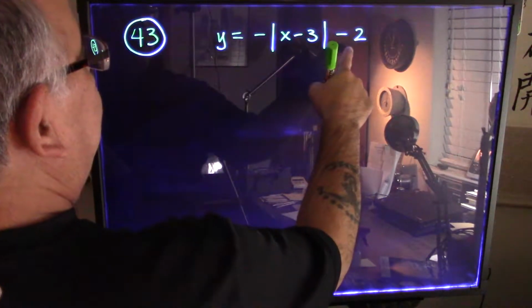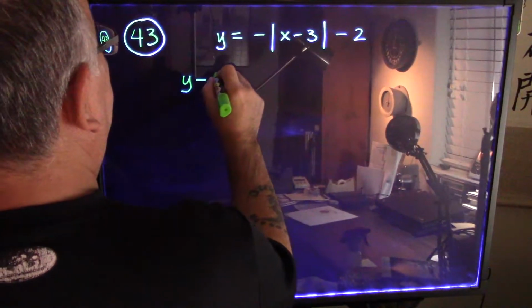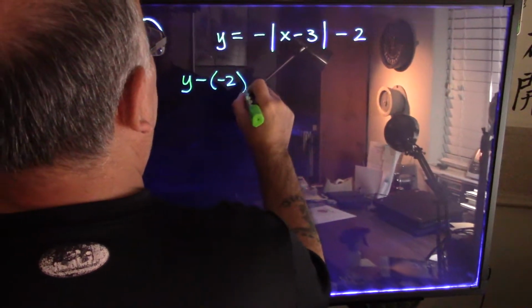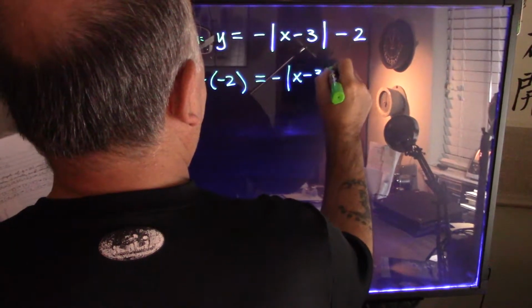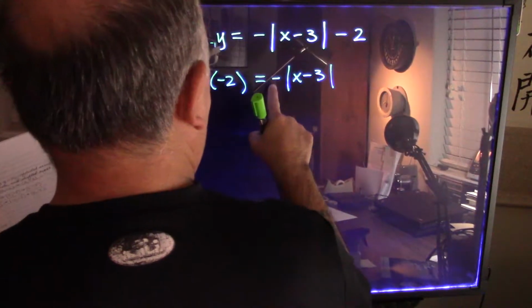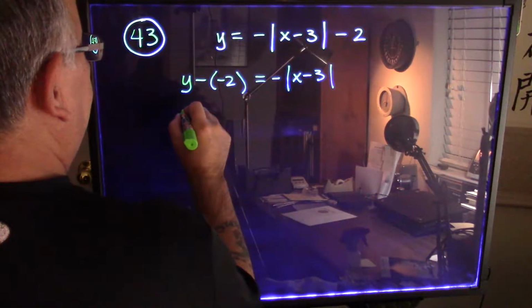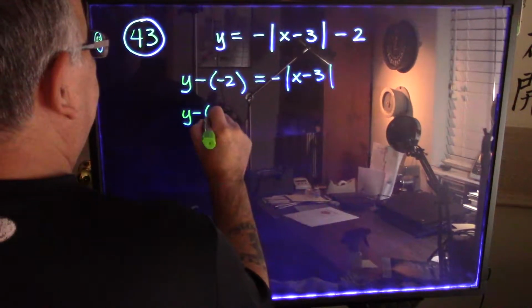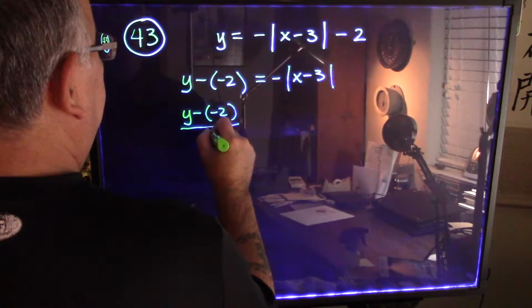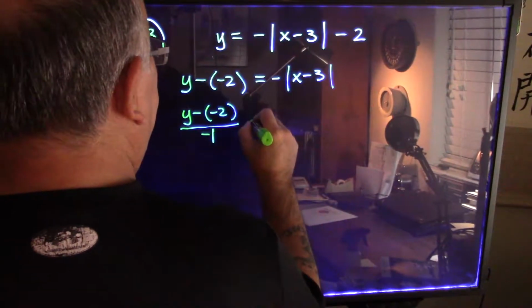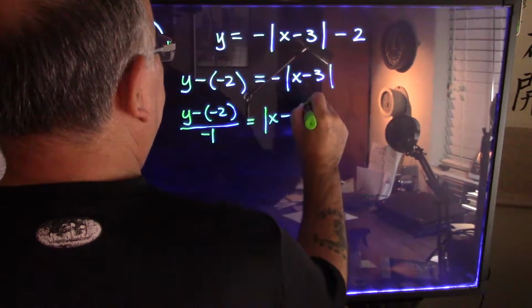So first I'm going to subtract negative 2 from both sides, so you've got y minus negative 2 equals negative absolute value of x minus 3. And then to get rid of that negative in front, divide both sides by negative 1. So you've got y minus negative 2 all over negative 1 equals absolute value of x minus 3.